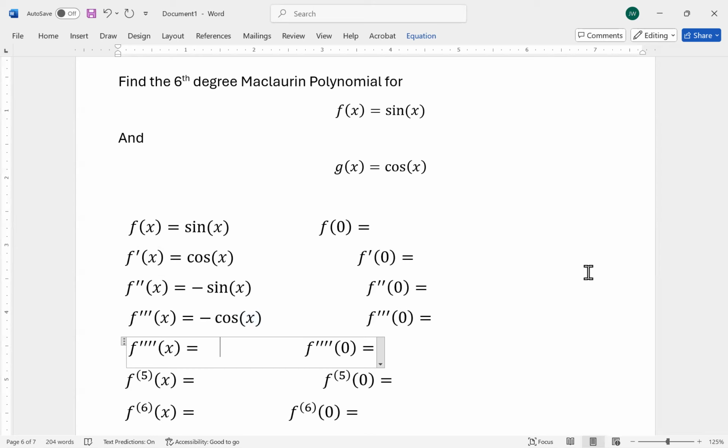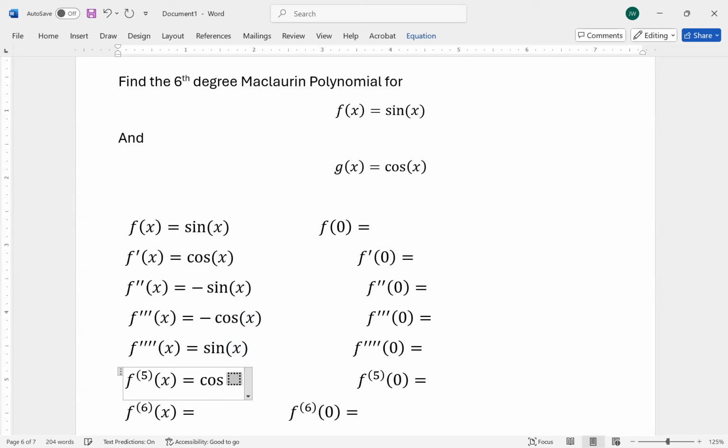The fourth derivative, we would end up with a positive sine of x. The fifth derivative, the derivative of sine, would be positive cosine of x. And then the sixth derivative would be a negative sine of x.